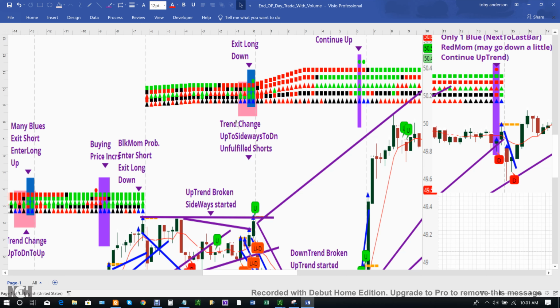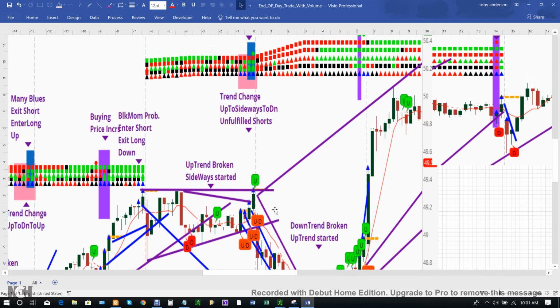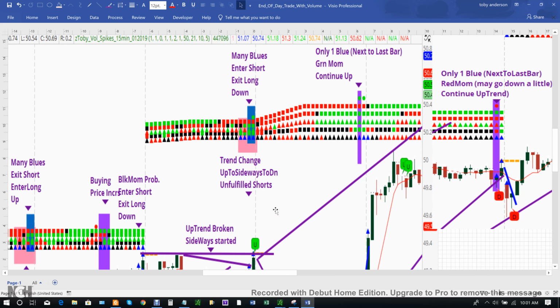The second thing is we have all these blue things here. That means, hey, there's going to be a major trend change. And so I say the trend had been up, then it went sideways. Now it's going to go down again. And so going along, we see a single blue bar, blue triangle candle.